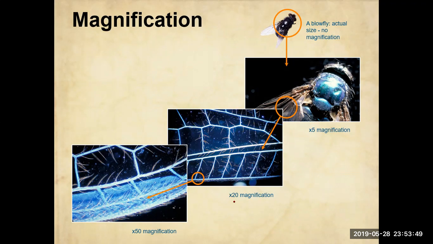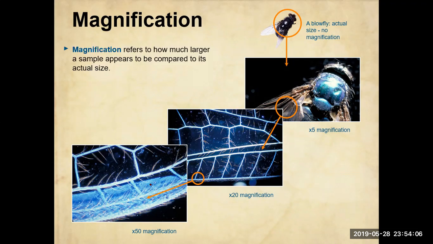And what happens if you observe it at 25 times magnification? You will see that the magnification is completely higher than this one. And here it is 50 times magnified. So magnification refers to how much larger a sample appears compared to its actual size. As magnification level increases, so does the blurriness of the sample.